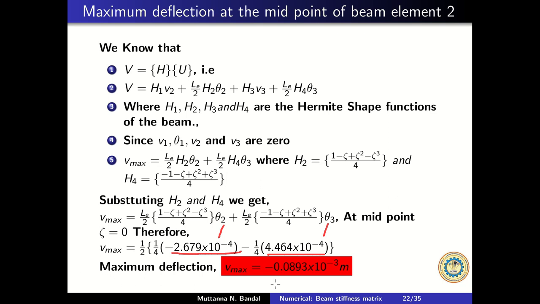So the maximum deflection on simplification is V max is equal to minus 0.0893 into 10 raised to minus 3 meters. So that's the required deflection at the center of the second element of the beam.